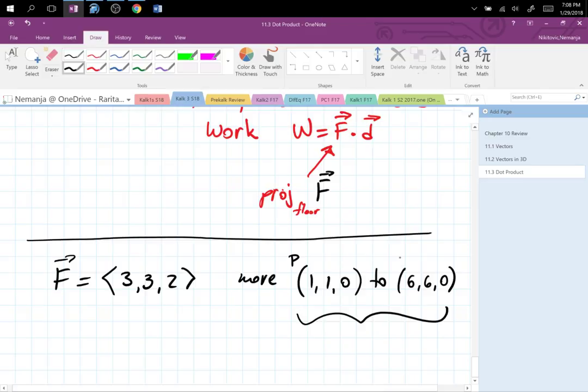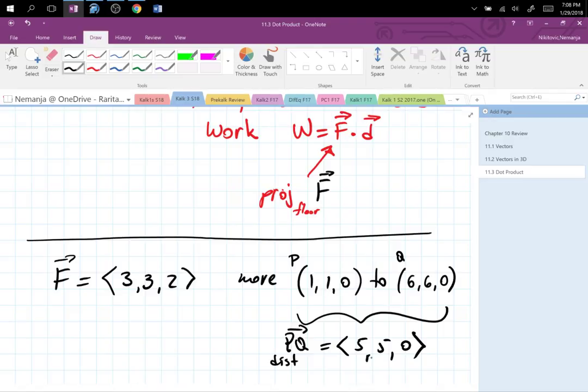If this is P and Q, that's going to create a PQ vector, which is your distance. And that vector is (5, 5, 0), right? When you subtract 6 minus 1, 6 minus 1, 0 minus 0.